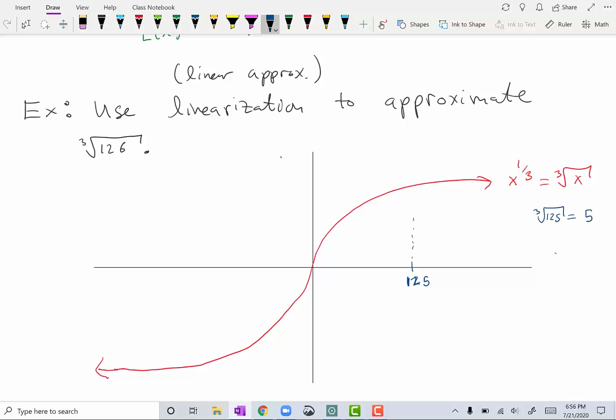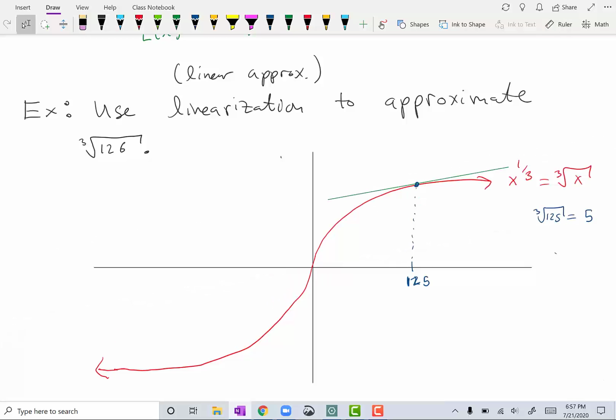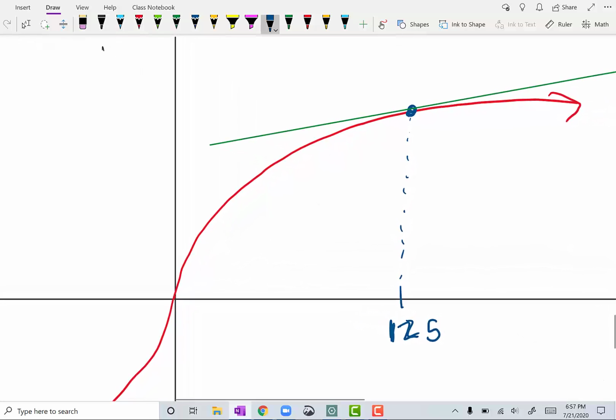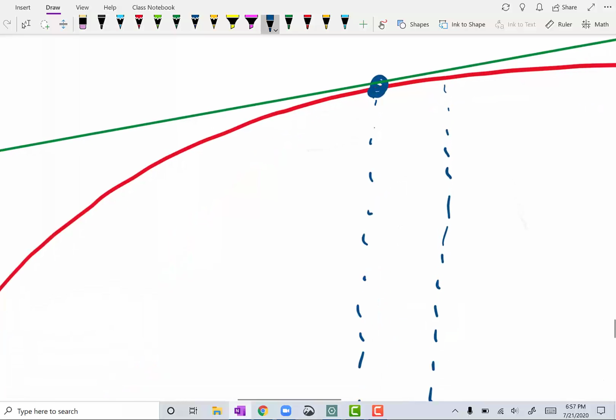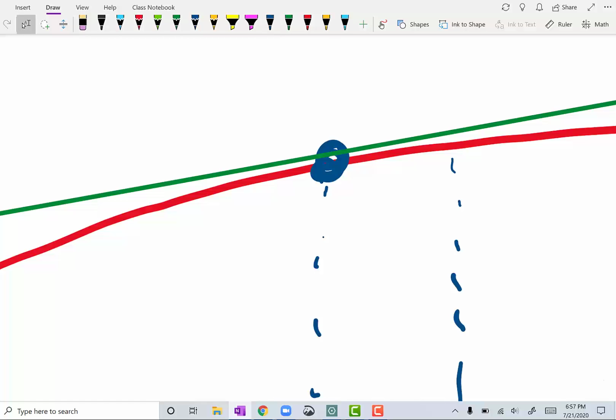Now if I follow this up to the graph, I could draw the tangent line, and then the idea is, 126 is going to be just a little bit more than 125. If we follow that up to the graph, we'll see that there's a small difference here, right?